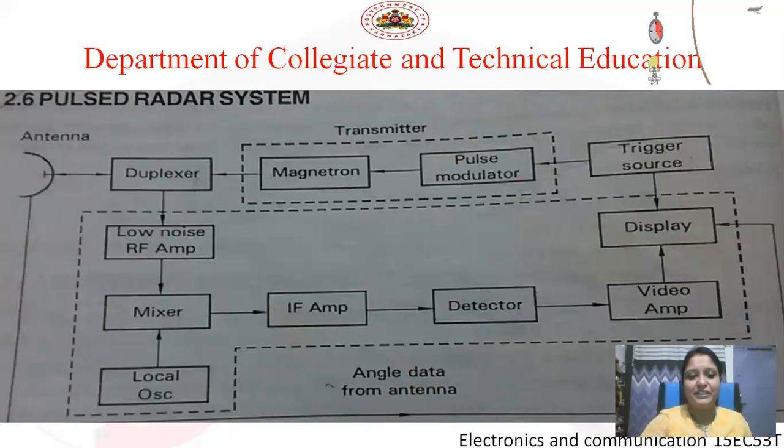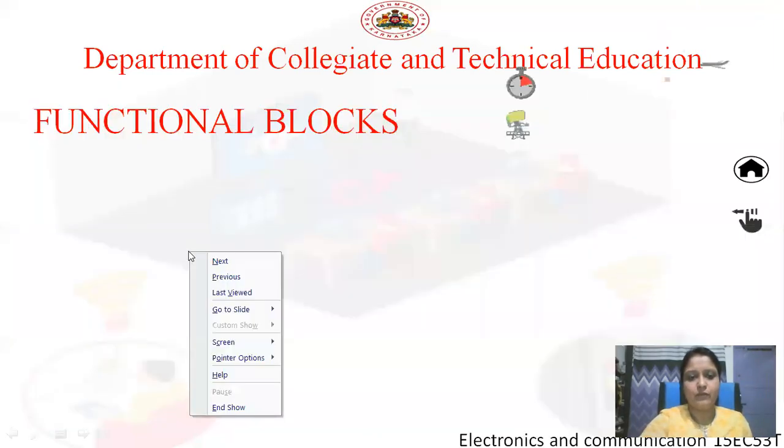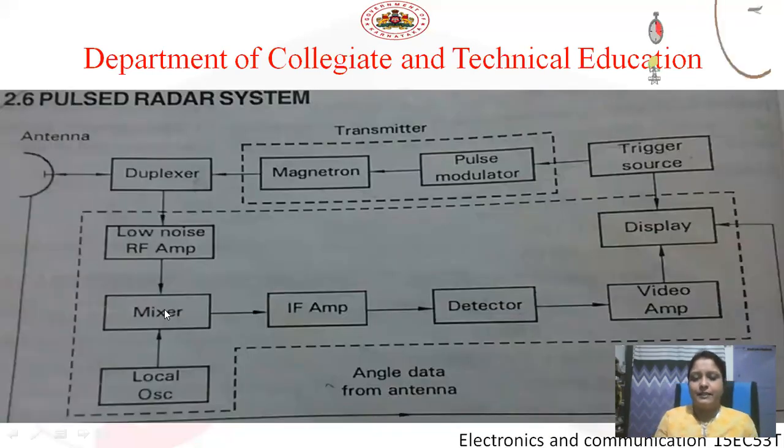Now, once the amplification is done, that signal is applied to the mixer. This is the superheterodyne type of receiver section. Superheterodyne type of receiver means what? It is converting the incoming signal into an IF signal.